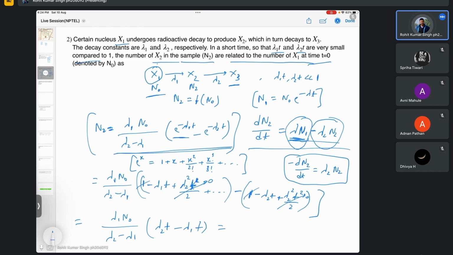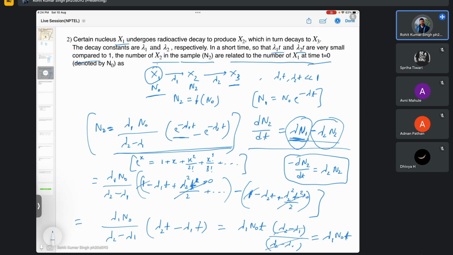We can take t common, so then there is lambda 2 minus lambda 1, and the 1 in the denominator gets cancelled, so we get lambda 1 n0 t.